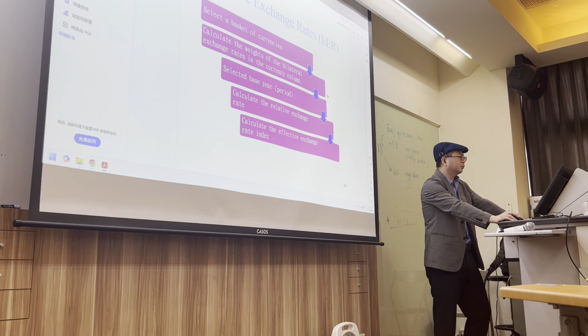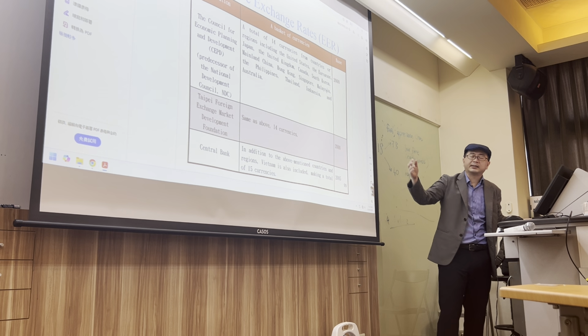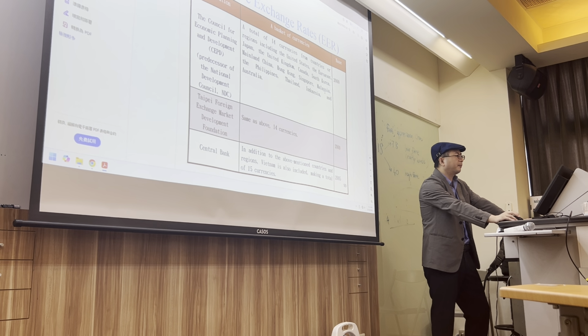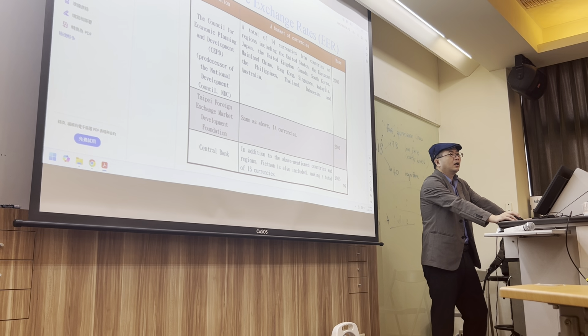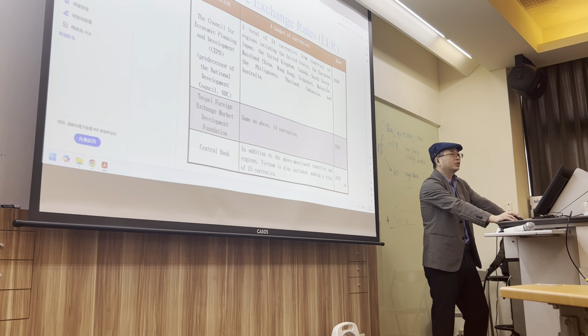So this will be the 5 steps, okay, and let's review the basics. When we try to talk about the basket of currencies, we wonder what are those currencies related to Taiwan.